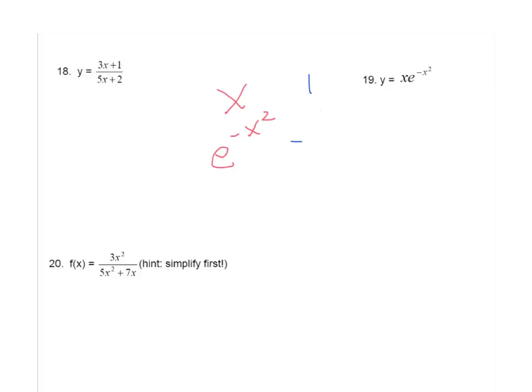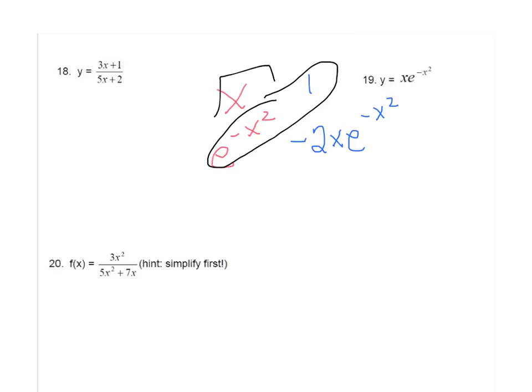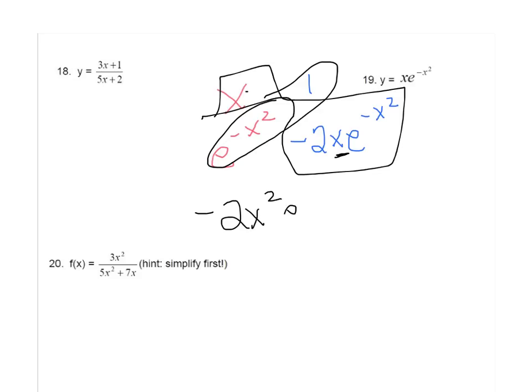So that's the derivative of the exponent times e to the original exponent. So now the product rule says I'm going to multiply these and add that with this multiplication of these. So when I have x times this one, that's going to be negative 2x squared e to the negative x squared plus 1 times e to the negative x squared.